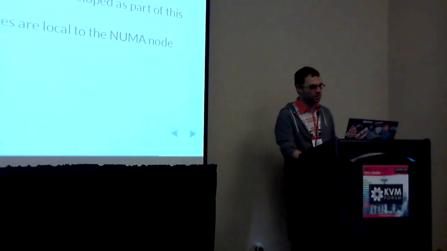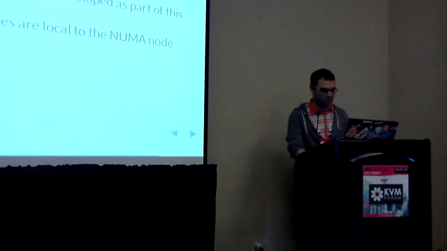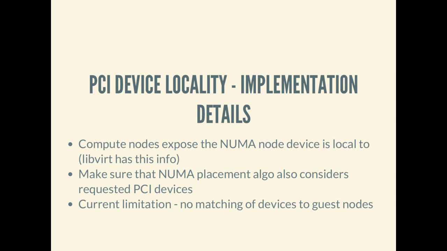If the instance requests a dedicated device and also requests to be pinned to a NUMA node, then we would take into consideration when doing placement, in addition to whether there's enough capacity on that NUMA node, whether the device is local to that. So that's more or less it on this slide.